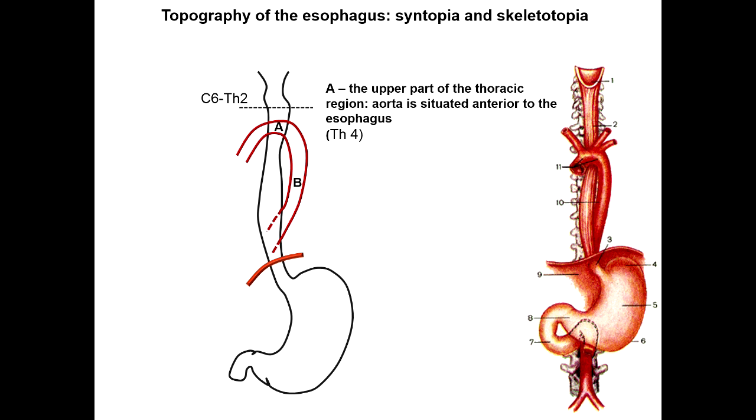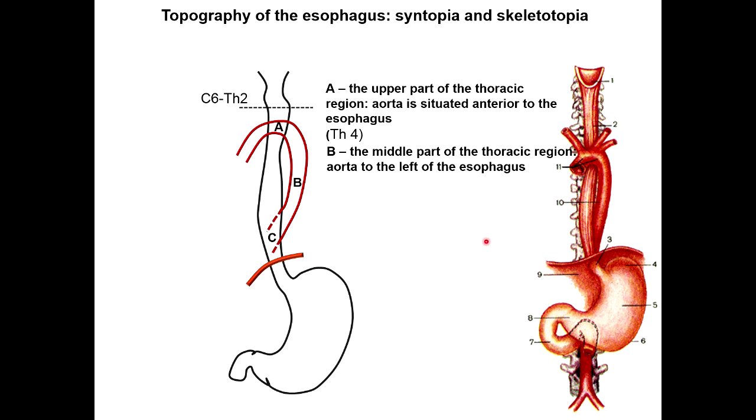Then letter B means the middle part of the thoracic region, and here the aorta is located to the left of the esophagus, from the left side.